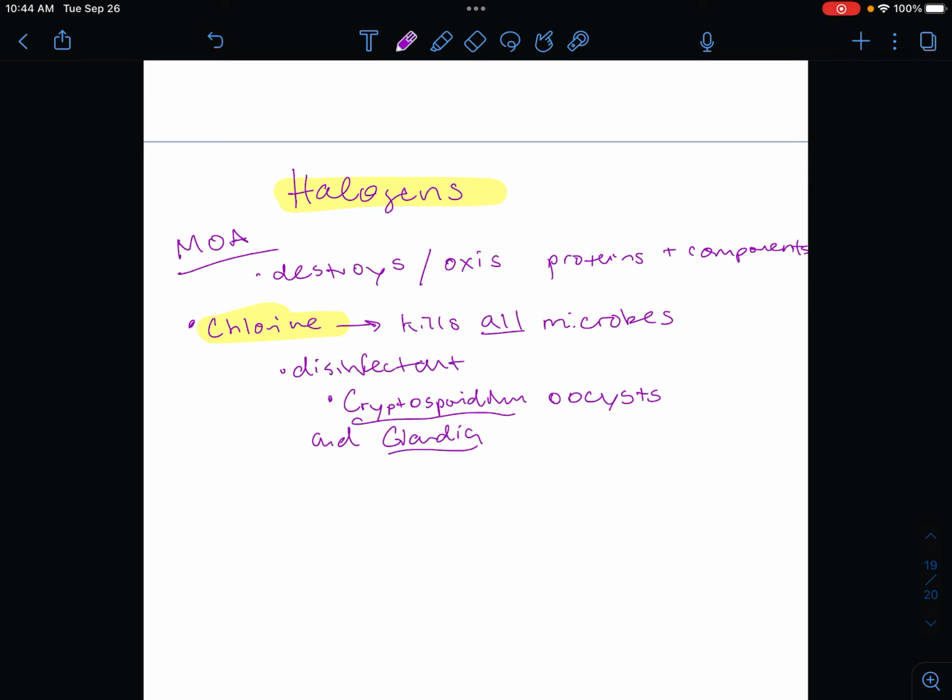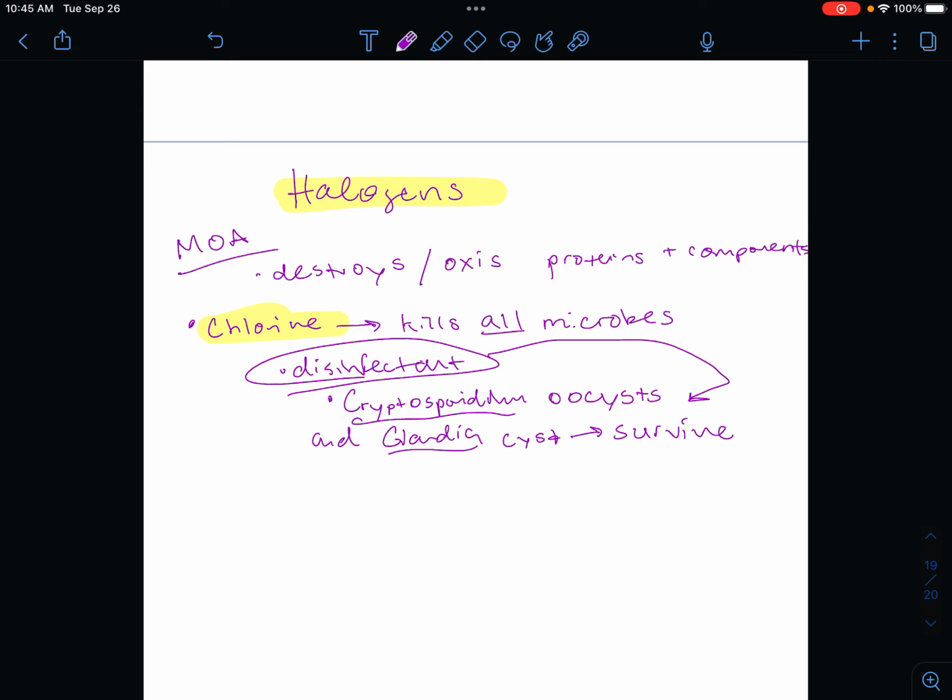I can't really write in italics. These cysts will actually survive. That's why it's still a disinfectant. Even though it kills all microbes, it's a disinfectant because these two species are just able to utilize the chlorine in water. That's why it's very important to regulate drinking water, make sure it's clean.